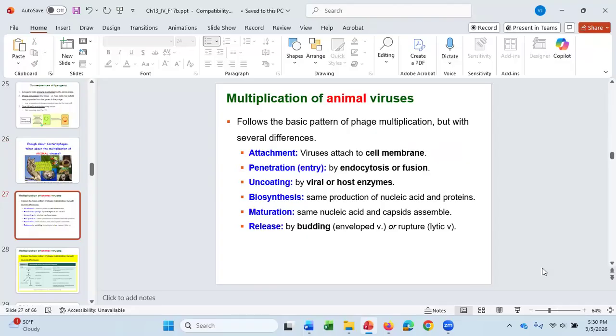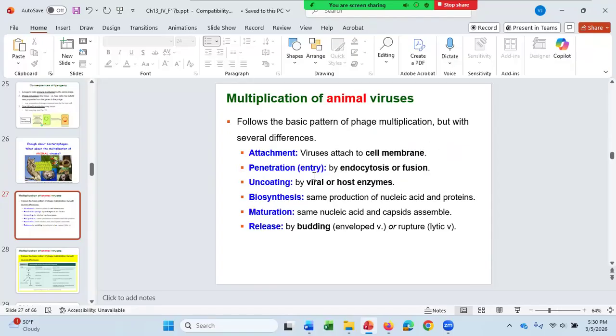Animal viruses follow the same basic pattern of viral multiplication, but there are some differences. There are some differences in attachment of the virus. For example, animal viruses only need to attach to the cell membrane. There is no cell wall the animal virus needs to get through.